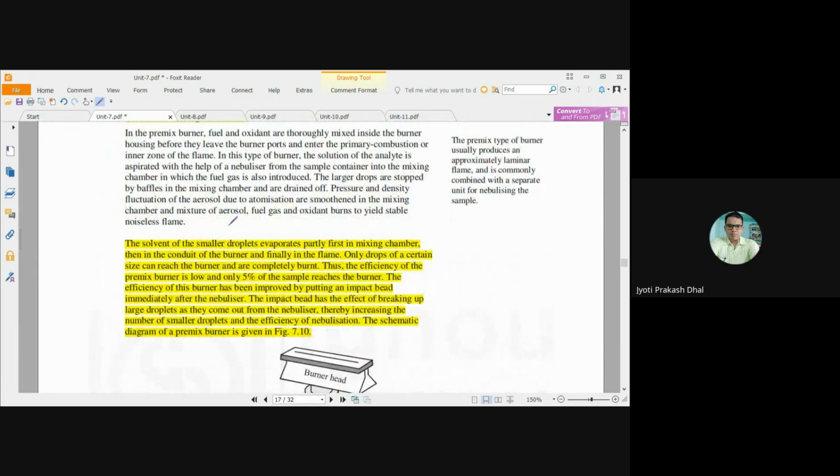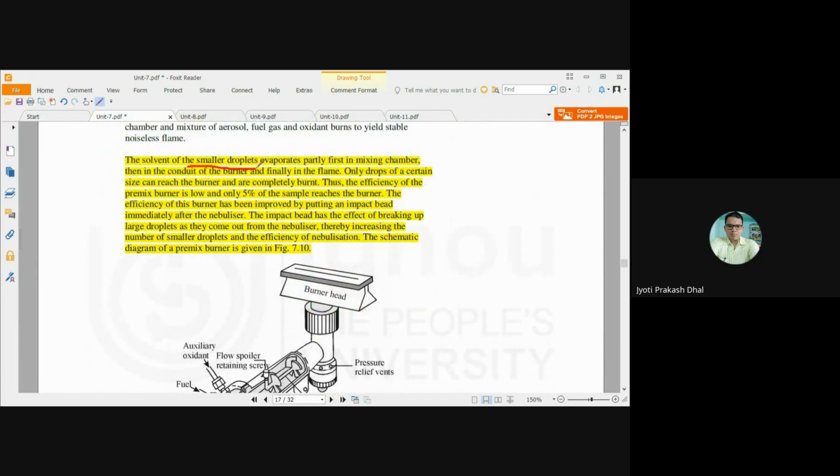In the premix burner, the solvent of the smaller droplets evaporates partly fast in the mixing chamber, then in the conduit of the burner, and finally in the flame. Only drops of a certain size can reach the burner and are completely burned.